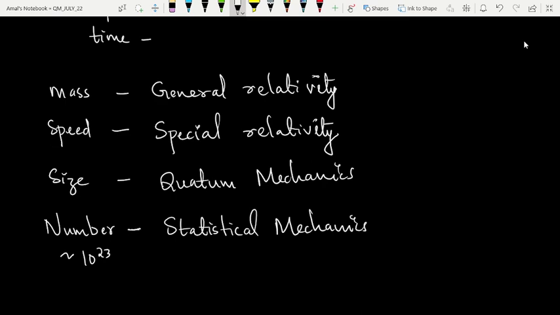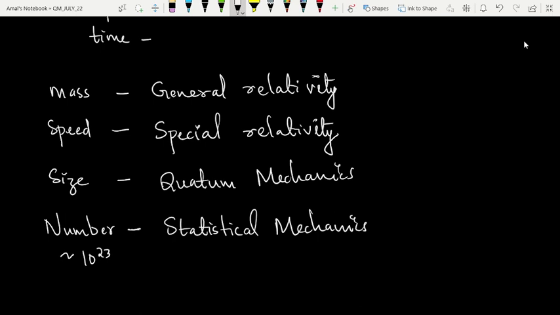So even though classical mechanics is useful in some range of mass, speed, size, and number of particles, if we go beyond that range, classical mechanics may not be as useful.